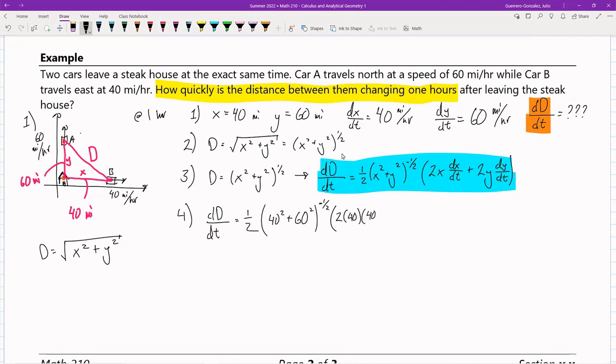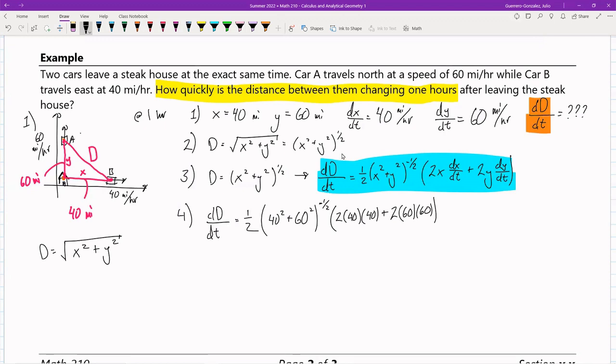So this is going to be a 40 there, plus 2 times y, that's my 60 miles, times dy/dt, which is 60 miles per hour. Keep in mind that the two 60s are not the same.